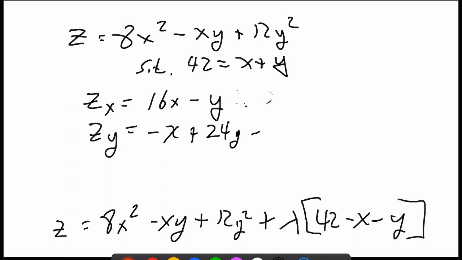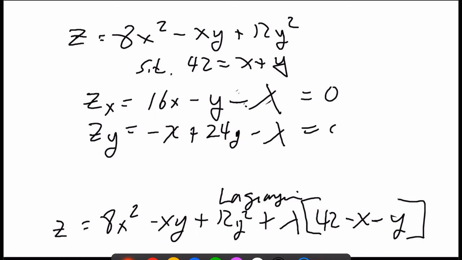That's our Lagrangian, right? So there's a minus lambda on here equals 0, minus lambda equals 0, and then I do z lambda, which is 42 minus x minus y equals 0. Okay?